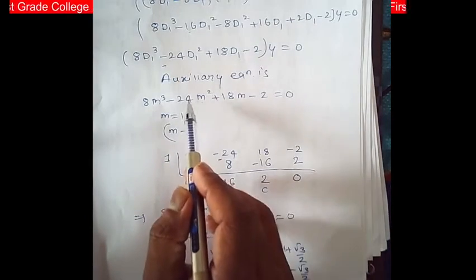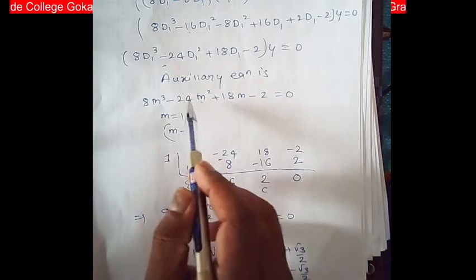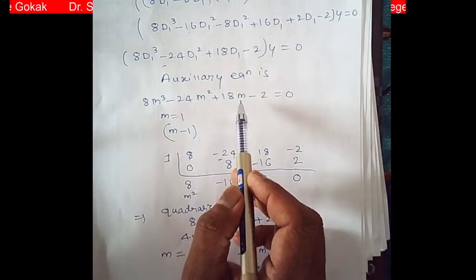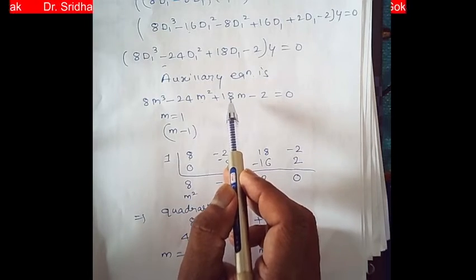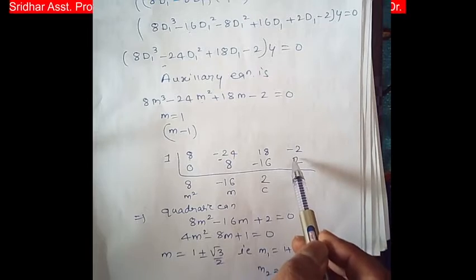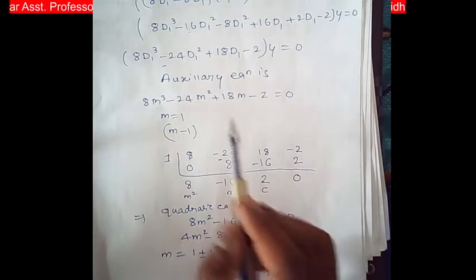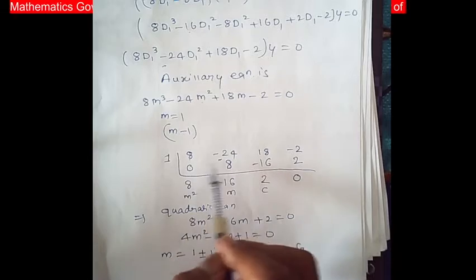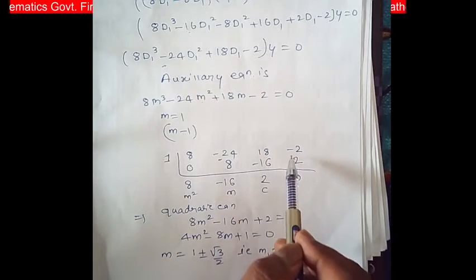So m cube is 8, and if there is no m square, you take it as 0. Then if m has a coefficient, say 6, write 6. Then if minus 2 is there, write minus 2. Here all the coefficients are present, so we write 8, minus 24, plus 18 and minus 2.